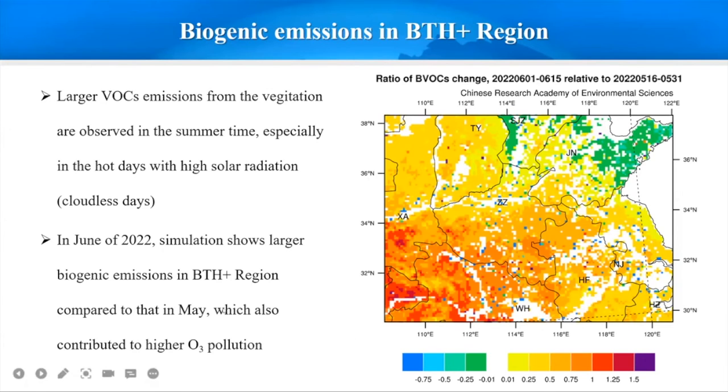This is an example from just last month, June of 2022, when my colleagues did the simulation and showed larger biogenic emissions in this region compared to May, which also contributed to higher ozone pollution in this area.